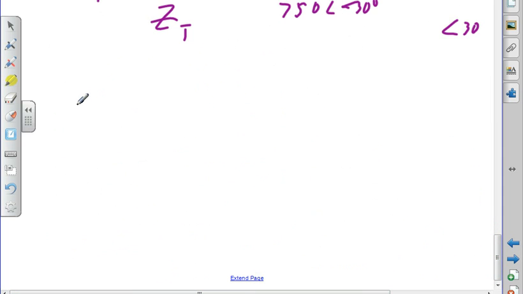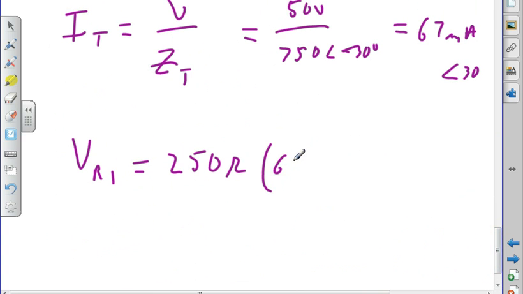Okay, what we want is voltage across resistor 1. Voltage across resistor 1, 250 ohms times total current, 670 milliamps, angle 30.